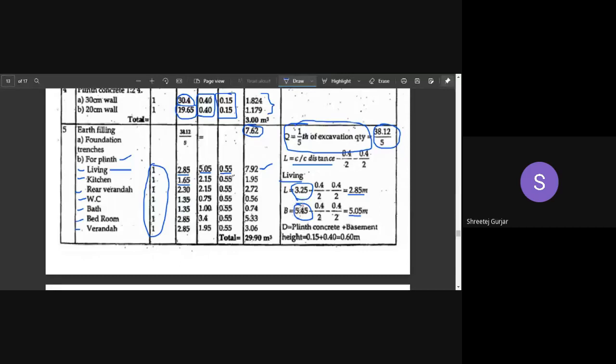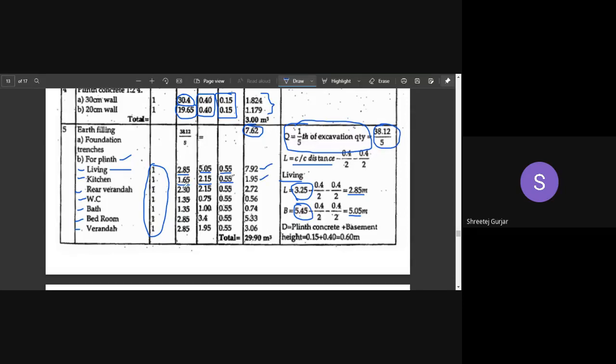So it is 2.55 minus 0.2 minus 0.2, and it is coming up to 2.15, right? That is what I have substituted here, and the depth I have told you is 0.55. So when I multiply all these values, I get this value in meter cube.